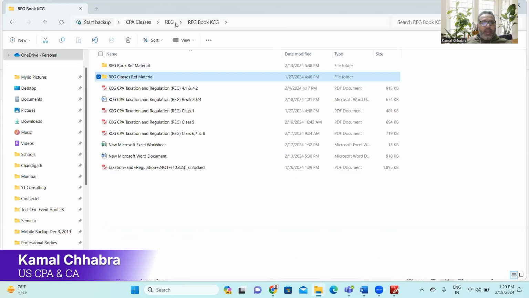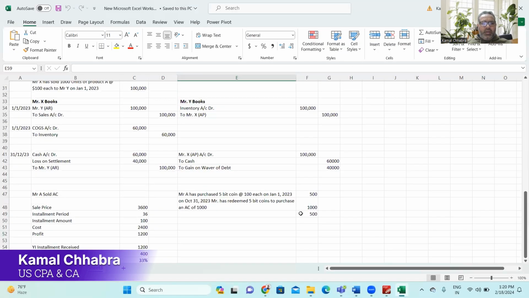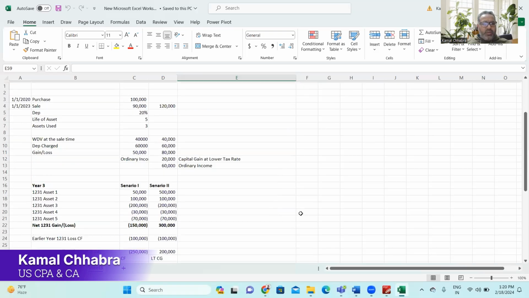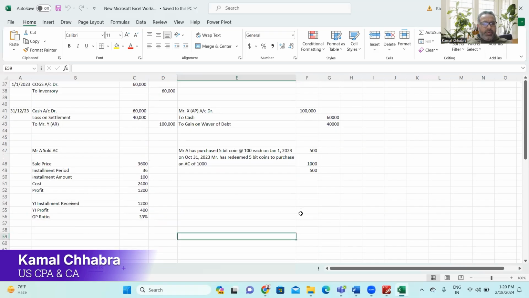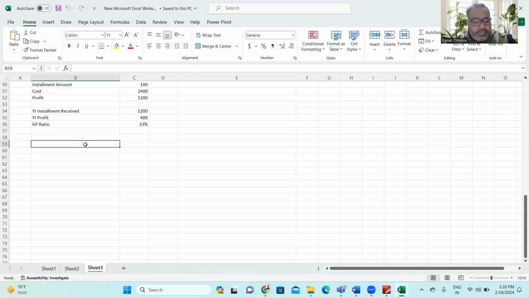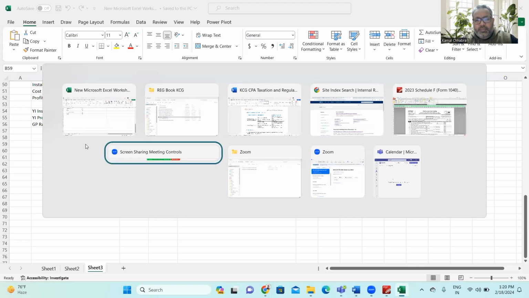Let me take you back to the Excel sheet. Please look carefully at these phase out limits, because this phase out mechanism or method is being used in almost all deductions as well as tax credits. So here, let me take you back.